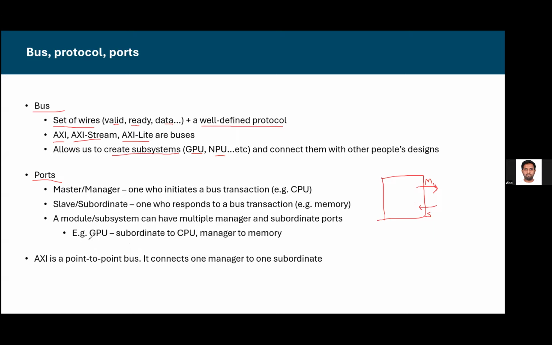For example, a GPU will be a subordinate to the CPU. If you have a GPU or a systolic array, it acts as a subordinate, and it acts as a manager to the memory. This is what we also have in our example. In our systolic array example, we have a subordinate port through which we are doing configuration, and then 4 manager ports through which we are requesting data.